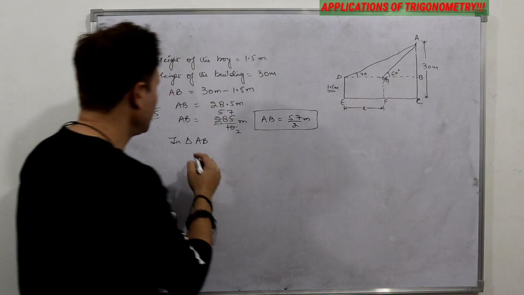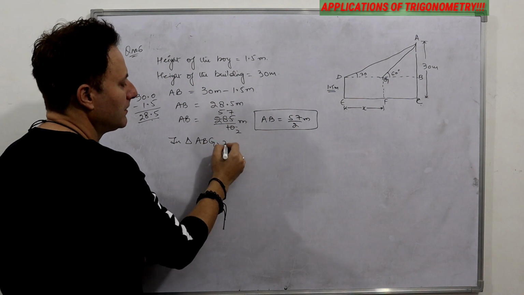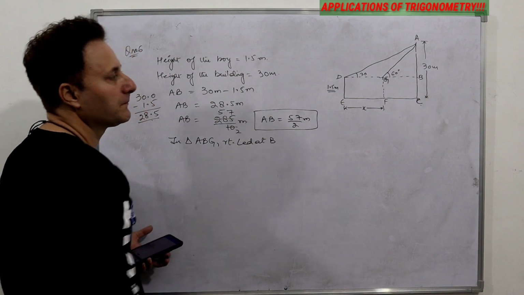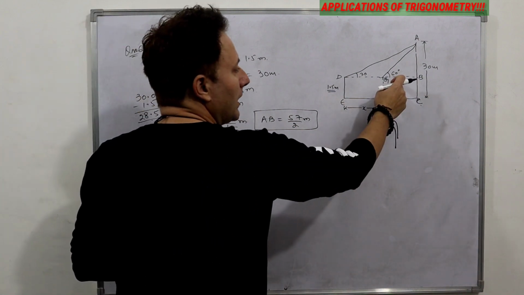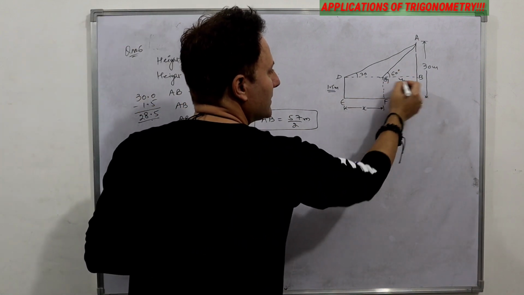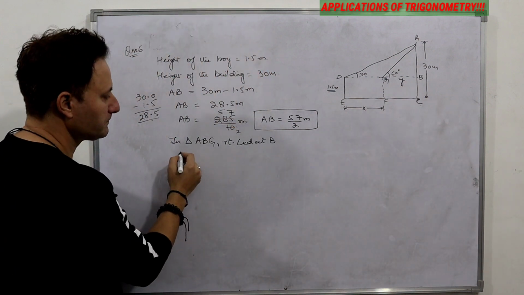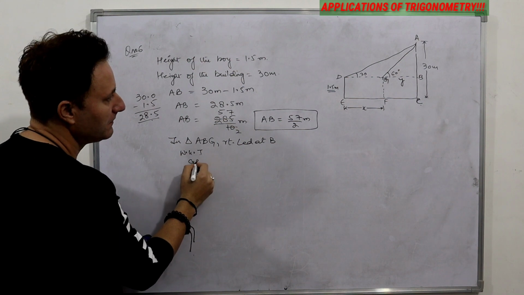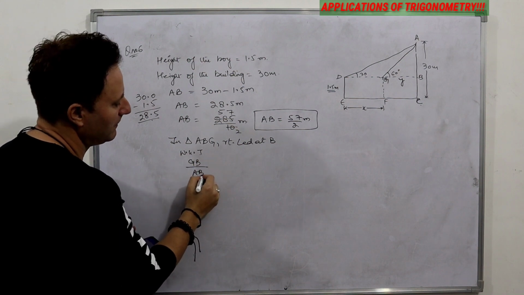In triangle ABG, right angled at B, I will put this GB as y. We know that GB upon AB.